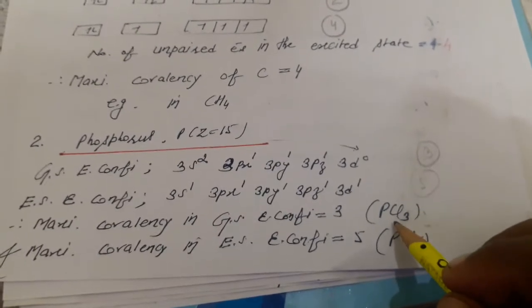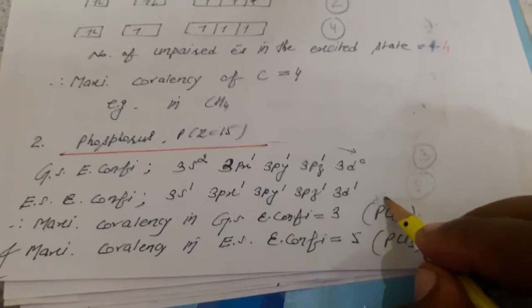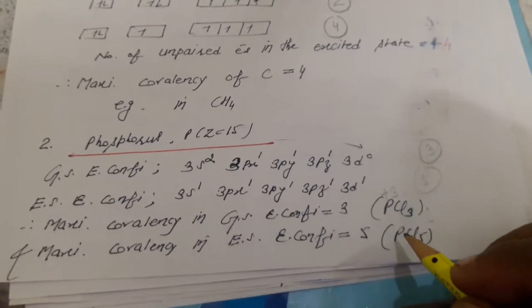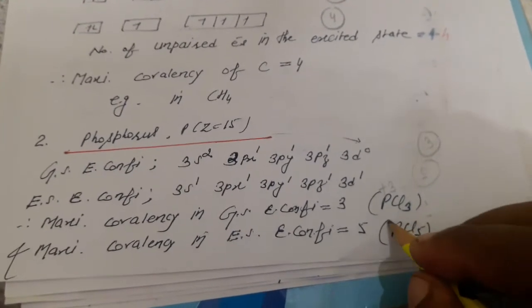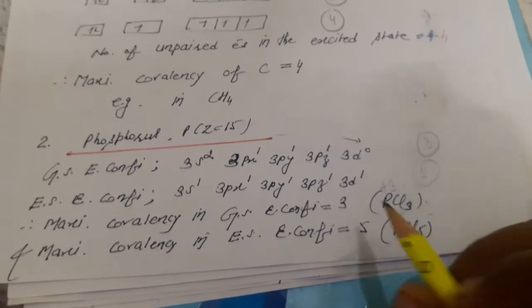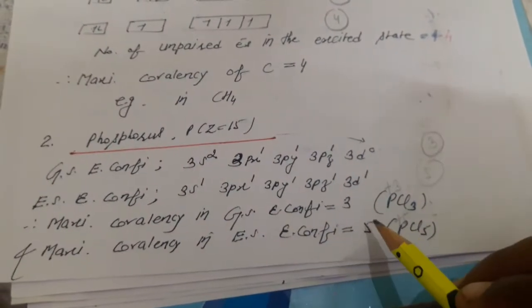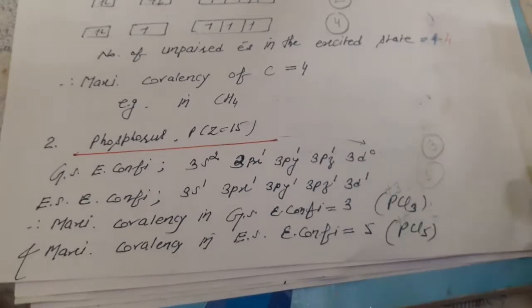In this case chlorine is more electronegative, so phosphorus shows plus 3 valency, meaning covalency, and in this case plus 5. So its maximum covalency will be plus 5 and the lower will be plus 3.